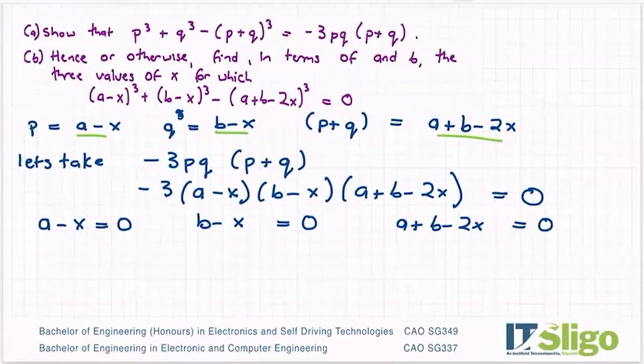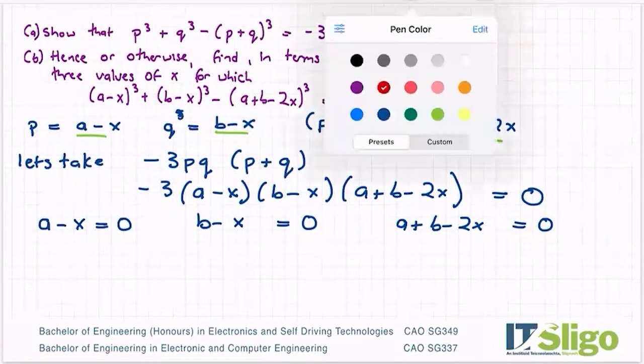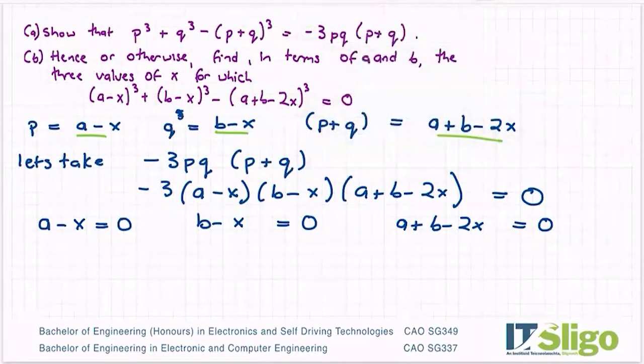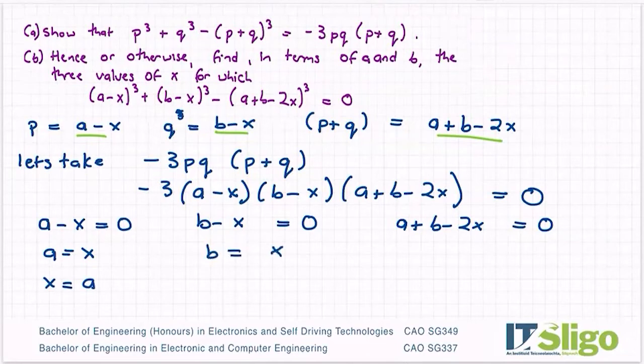Okay, so let's find the 3 values of X in terms of A and B. Forget my little A there. Okay, so A is equal to X in that case, or X is equal to A. B is equal to X in that case, or X is equal to B, my 3 values of X. And let's do this one.